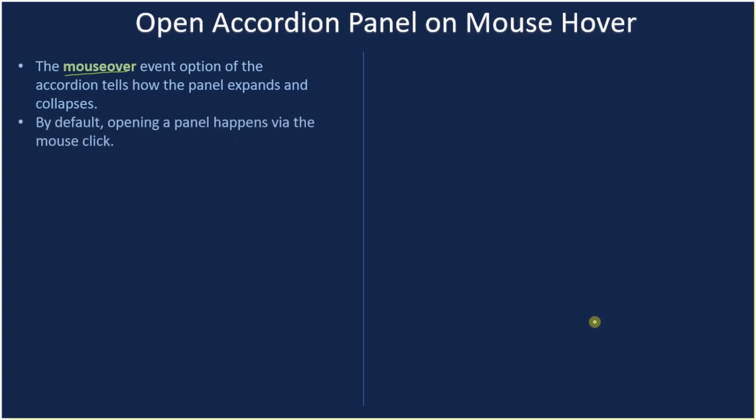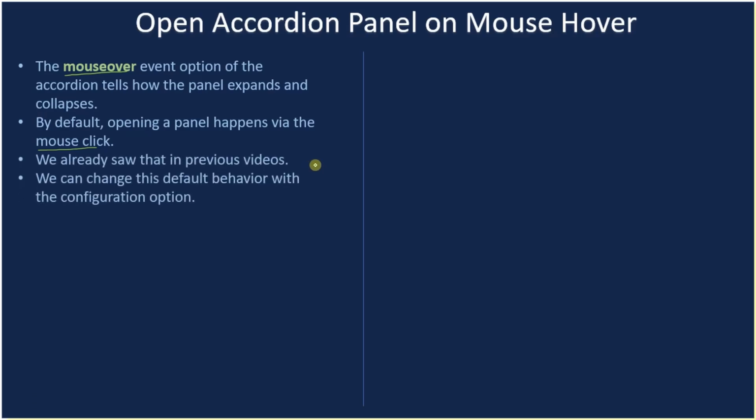By default, opening a panel happens via mouse click, which we saw in our previous videos. We can change this default behavior with a configuration option. We already saw how to create tab with the configuration option.